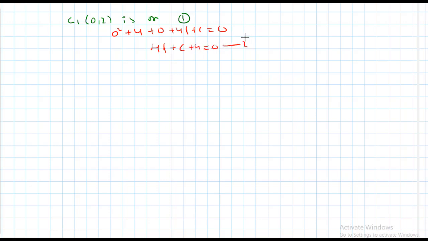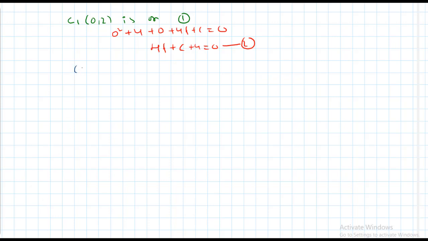So C1, that is 0, 2, is on 1. 1 means circle equation 1. 0 square plus 4 plus 0 plus 4f plus c equal to 0. So I got one relation, 4f plus c plus 4 equal to 0. I can call this equation number 2.